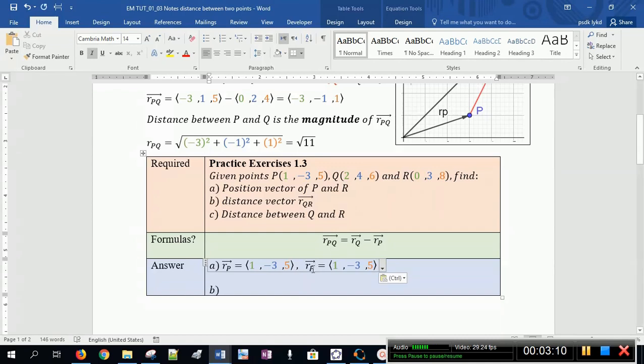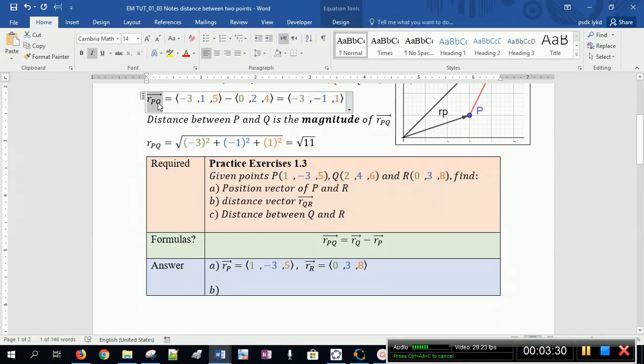And the position vector of point R is 0, 3, 8.